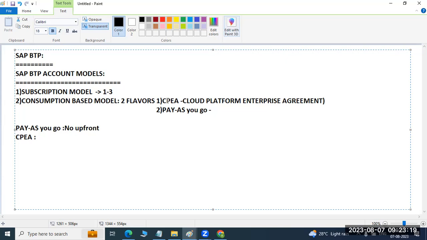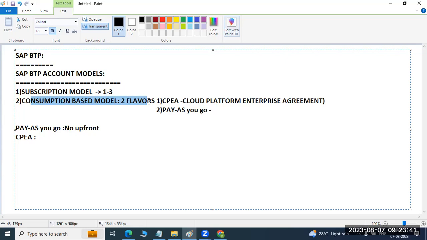Now you know about the difference between the account models in the BTP. For the specific commercial model, regarding this consumption based and commercial based model, we have the SAP Discovery Center.